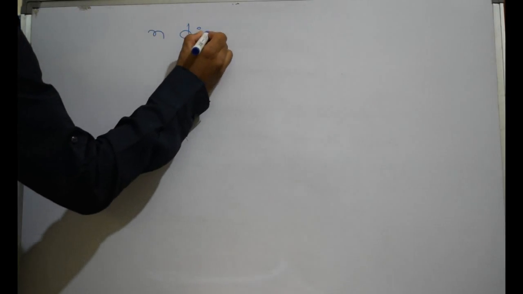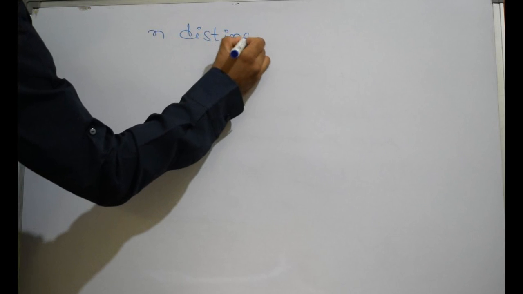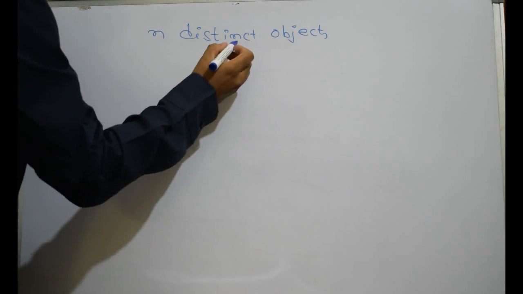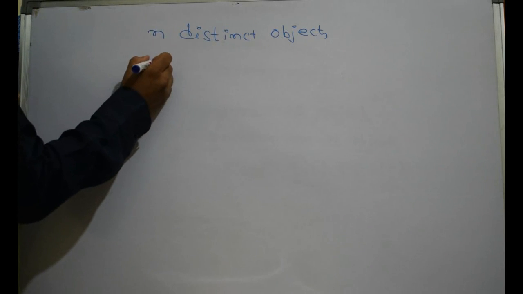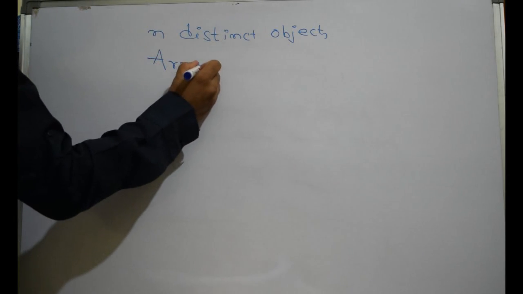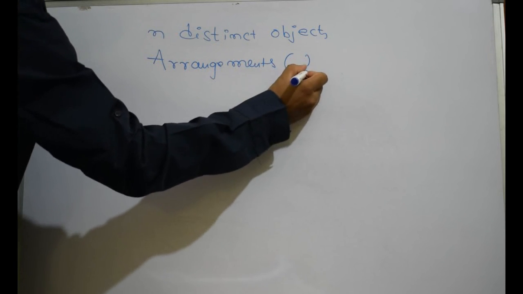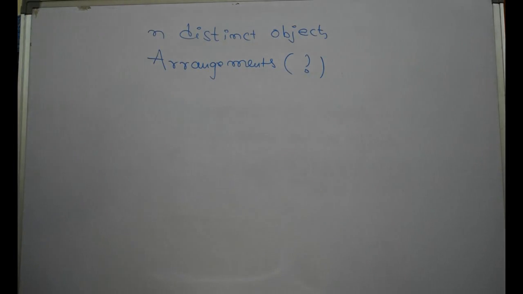So now I'll derive a formula to find the number of permutations. Suppose there are n distinct objects given to us. From these n distinct objects, you have to find how many arrangements are possible.